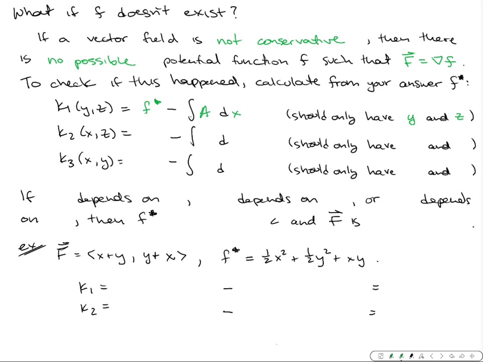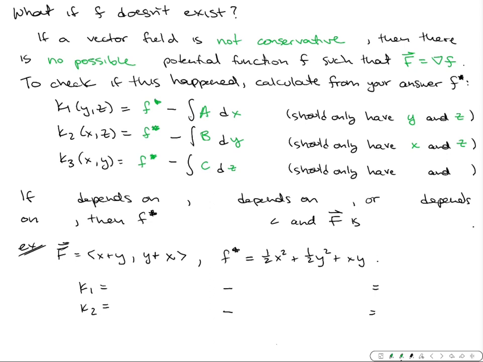Then to check K2, you would take f star, your answer, and take away the second component integrated with respect to y. When you do that, you should have a function that only depends on x and z, because anything with y should have appeared in your integral from integrating b with respect to y. And then for K3, you start with f star and subtract the third component integrated with respect to z.